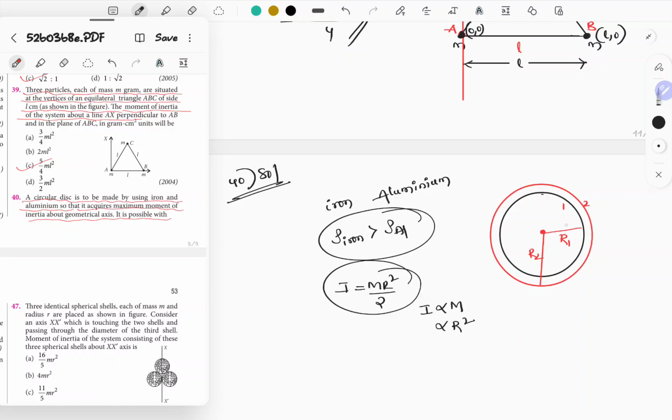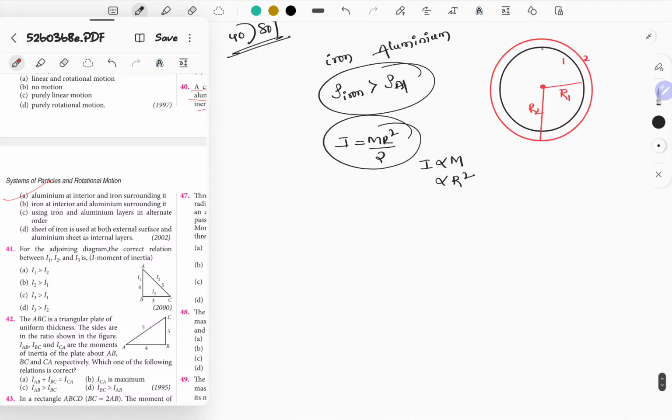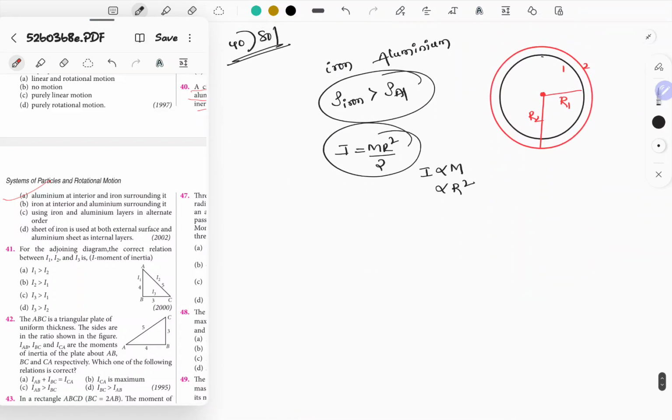That means the material already having greater mass is iron, and the radius should be greater. That means the iron piece should be outside and aluminum should be inside. So which option matches? Aluminum at the interior and iron surrounding. Hope you understood. If iron is outside, then the radius is going to be more, so the moment of inertia is automatically going to be a greater value. Okay, super.